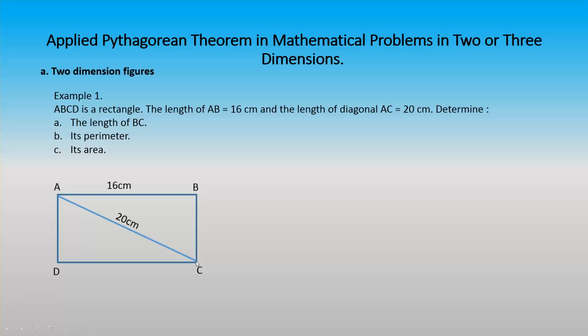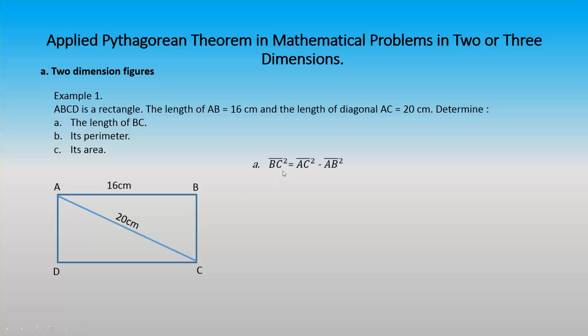It is a right triangle with B is the right angle. So AC is the hypotenuse and AB and BC are legs. So to calculate BC, we can use the Pythagorean theorem.